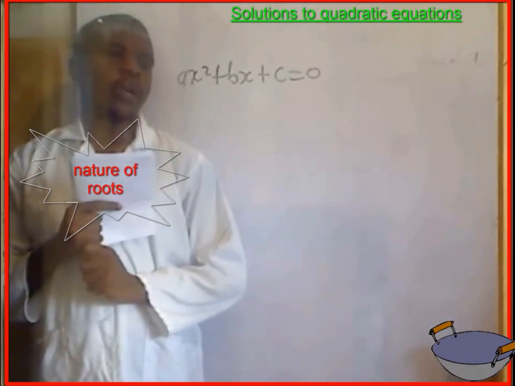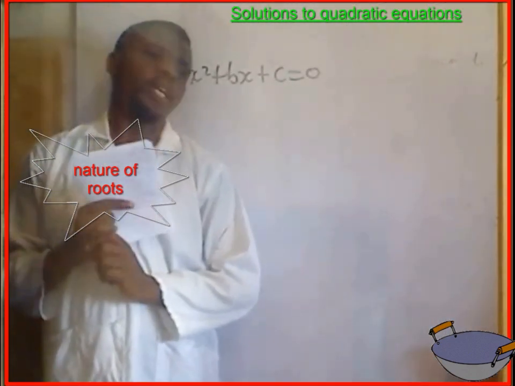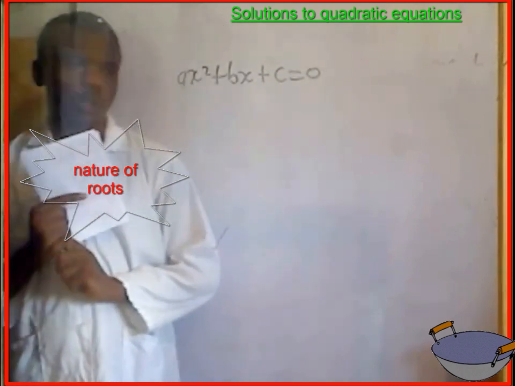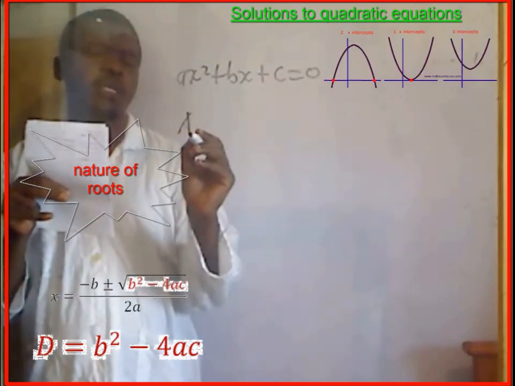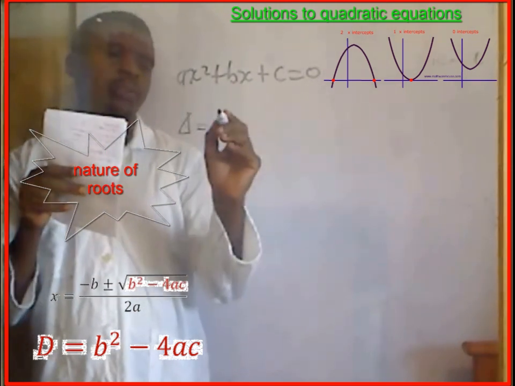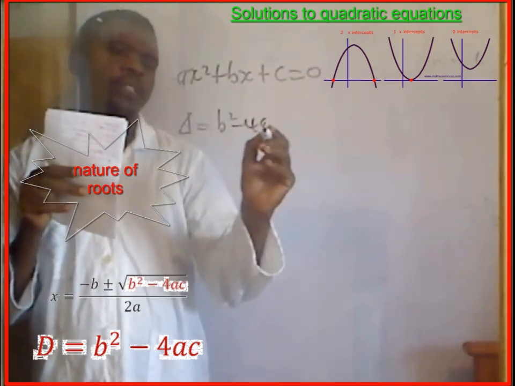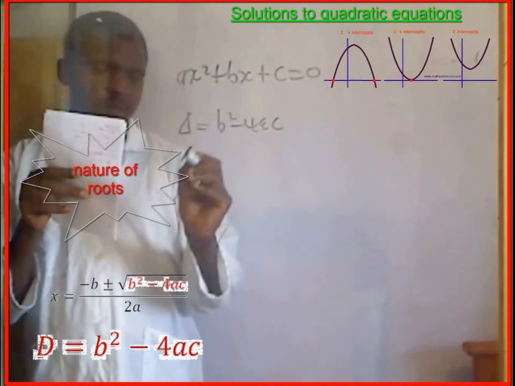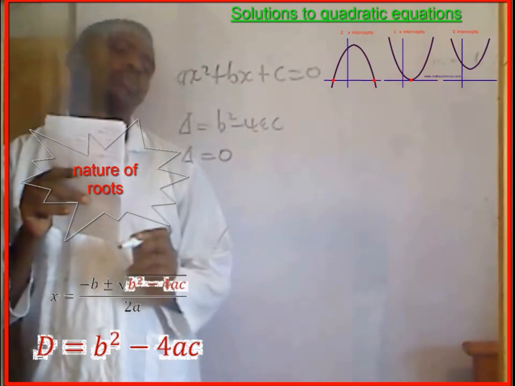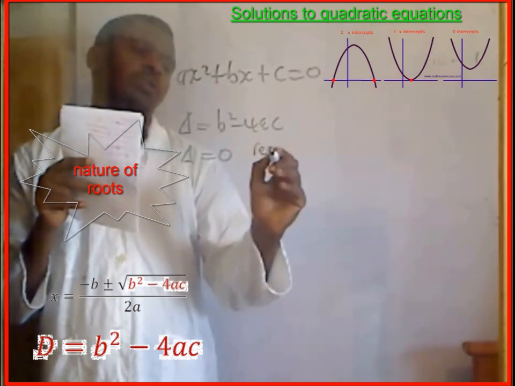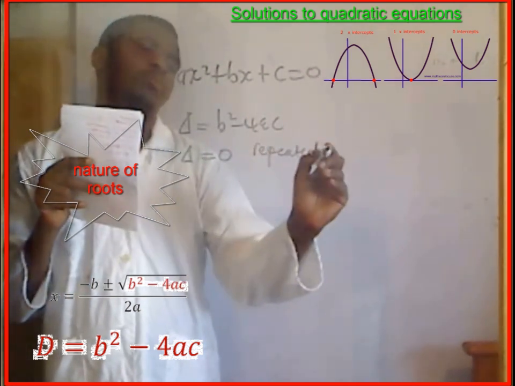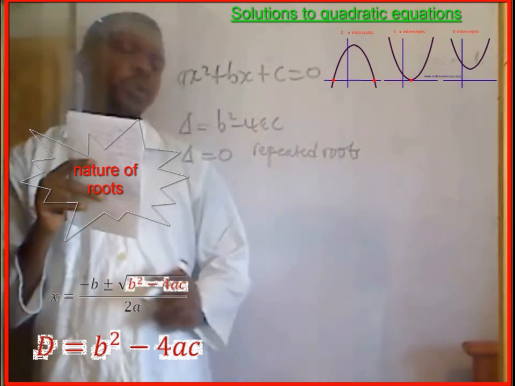If we are given a quadratic function and asked to look for the nature of the roots, what do we do? We have to use what we call the discriminant. This discriminant is equal to b squared minus 4ac. If our discriminant is equal to 0, we have repeated roots. The roots are real and repeated.